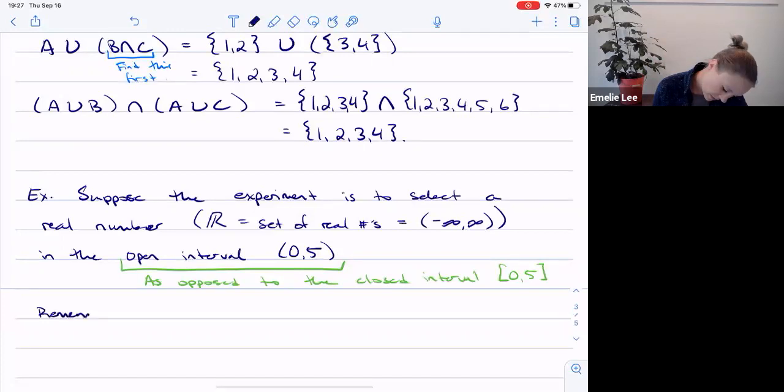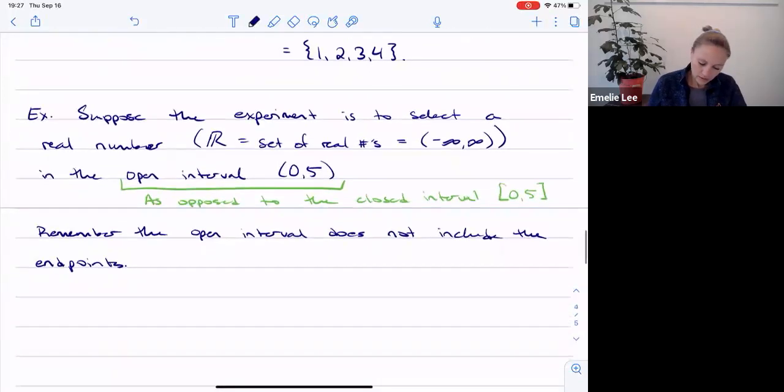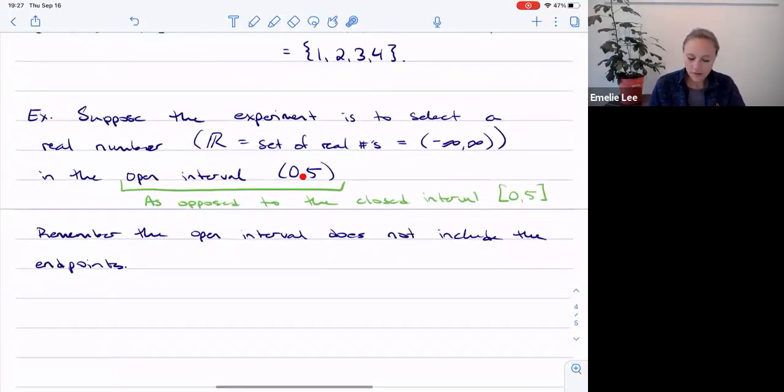So remember, the open interval does not include the endpoints. So if this is the interval that we're talking about, between 0 and 5, not including those endpoints, then the sample space is also 0 to 5, right?